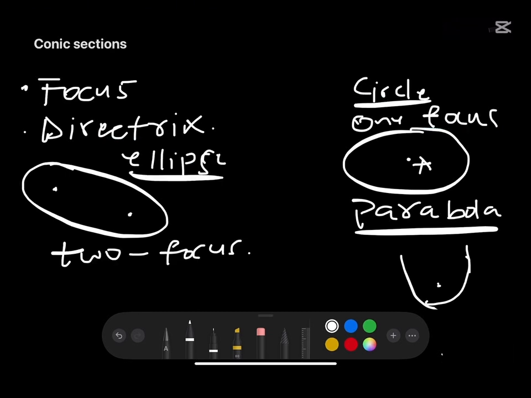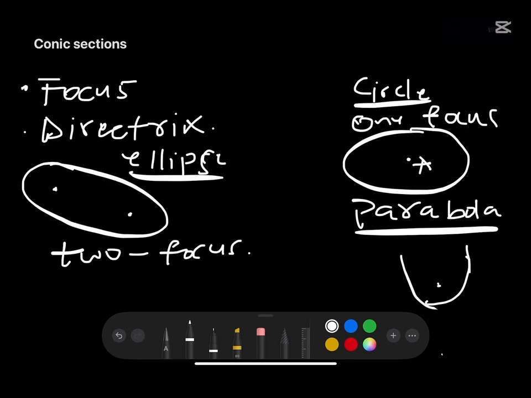All right. So somebody may ask, okay, since the focus of a circle is the center of the circle, then that means that the focus of the parabola is the center of the parabola, and the foci of an ellipse is the center of an ellipse.